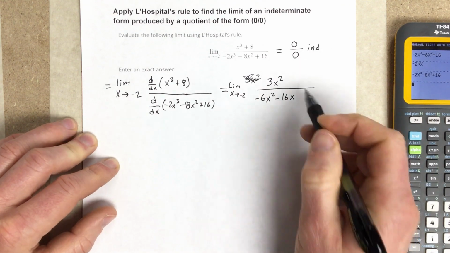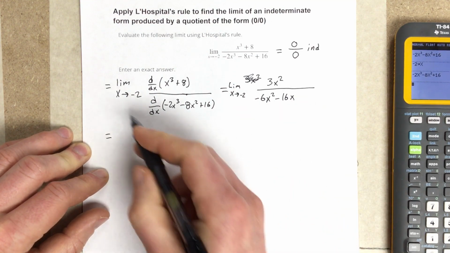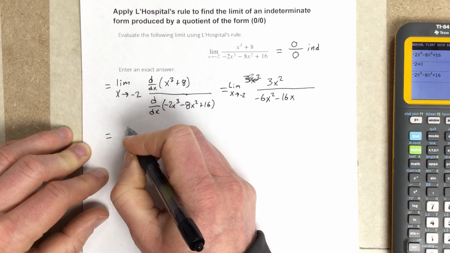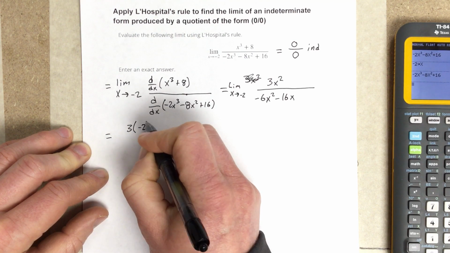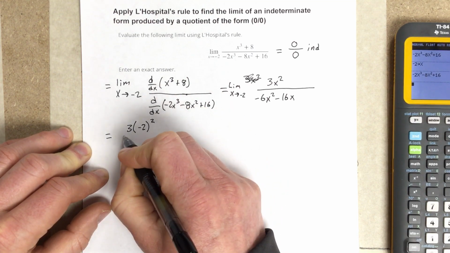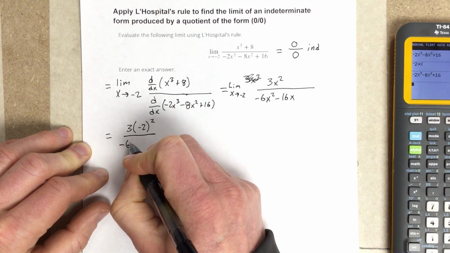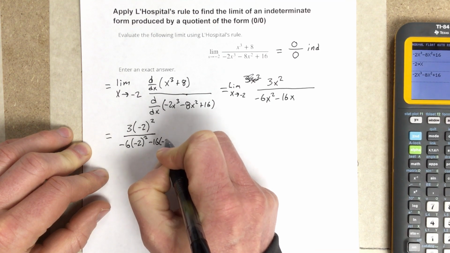So then I'm going to try to evaluate this. So I'm going to say that this is equal to 3 times negative 2 squared over negative 6 times negative 2 squared minus 16 times negative 2.